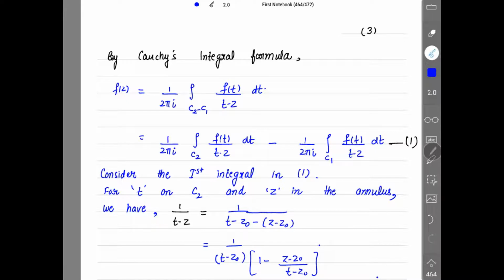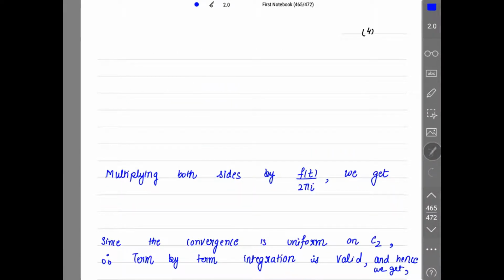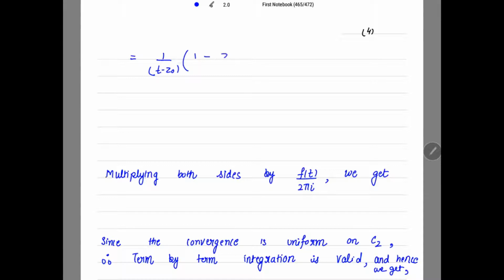Then next, which is further equal to 1 over t minus z naught, and taking this denominator in the numerator as an expansion, 1 minus z minus z naught over t minus z naught, whole inverse. Now this is your expansion.